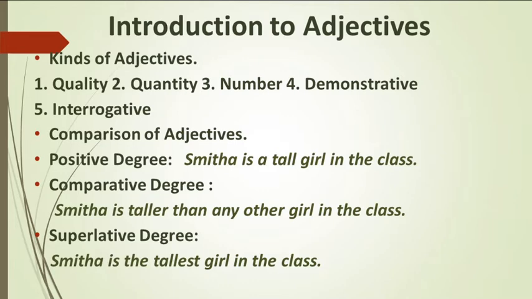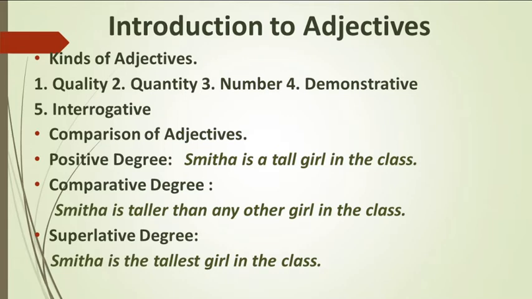So, in a sentence, if an adjective denotes a higher degree of the quality than the positive, and is used when two things are compared, then it is called the comparative degree of an adjective.